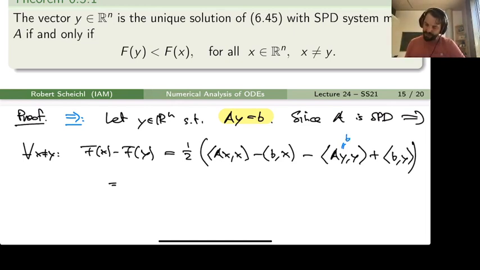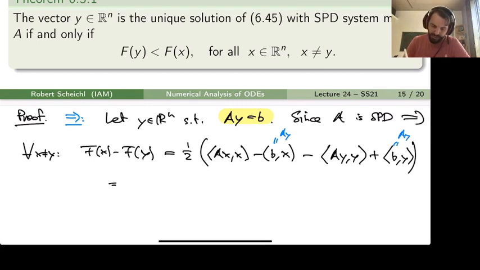Oh, the other way around, sorry. We don't want to make this equal to b. We want to make the b's equal to the A's. So we use that this is equal to Ay, and this is equal to Ay.